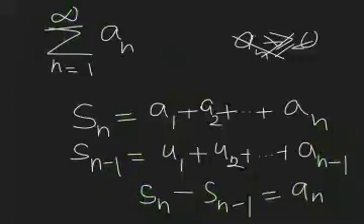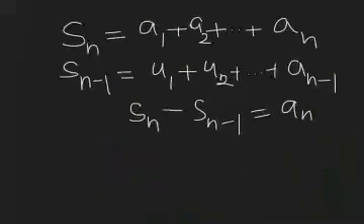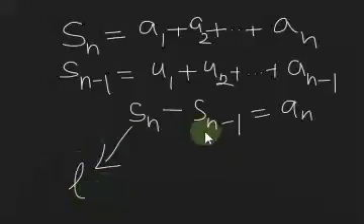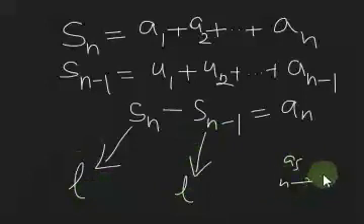So suppose that the series is convergent. Then we know the limit of S sub n goes to some number. S sub n minus 1 also goes to the same number as n tends to infinity.